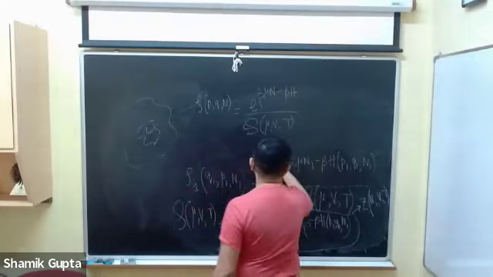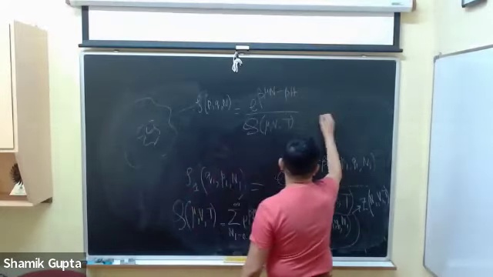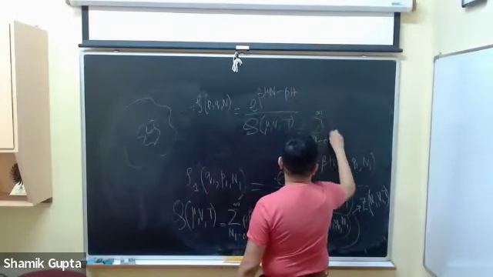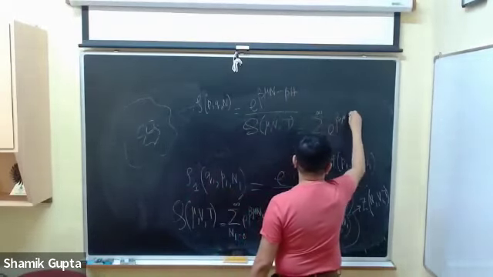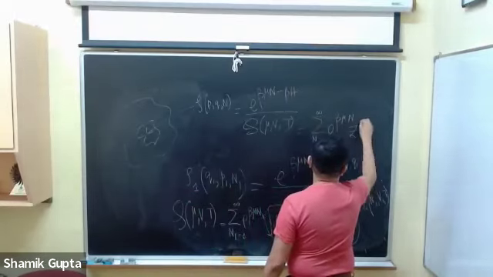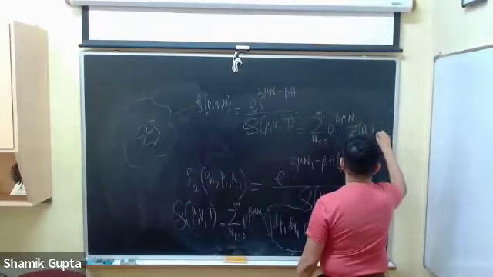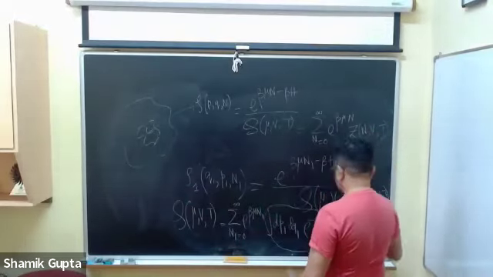And this partition function is nothing but the summation over n going from 0 to infinity of e to the beta mu n times the canonical partition function. This is what we got here.